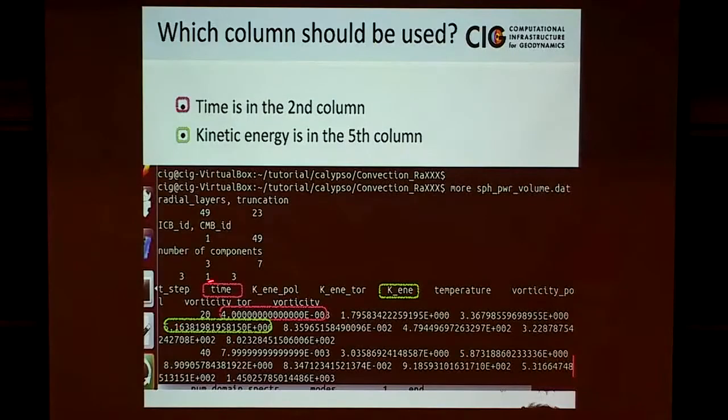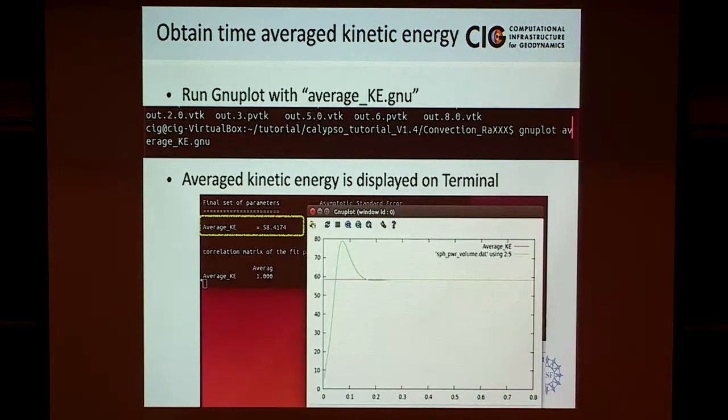Kinetic energy is stored in power volume dot, and so you can get a solution with the average K GNU with GNUplot. It also makes a kinetic energy plot as a function of time, and the average value is obtained here.